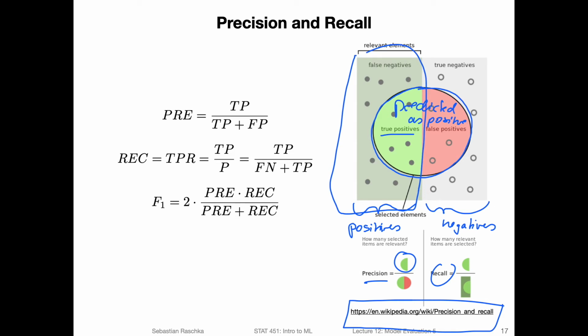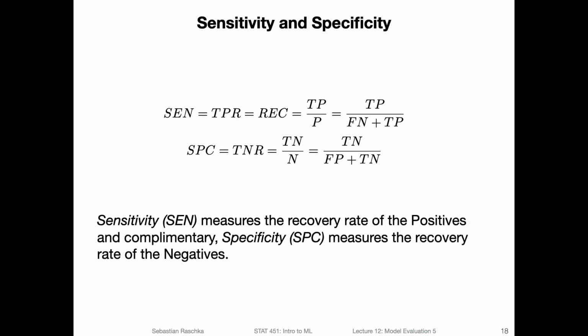So here's just a helpful visualization of the precision and the recall. Now, like I said, there are two other metrics that are commonly used, for example, in computational biology. It may also be common in other fields. I didn't work in many other fields except machine learning and computational biology.